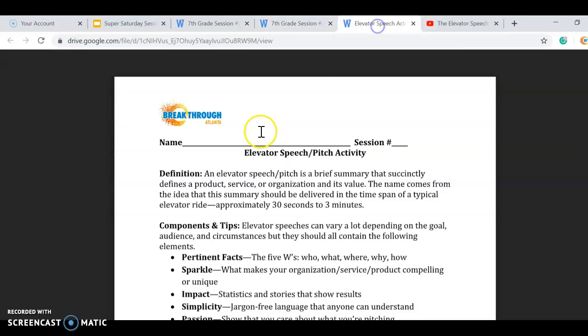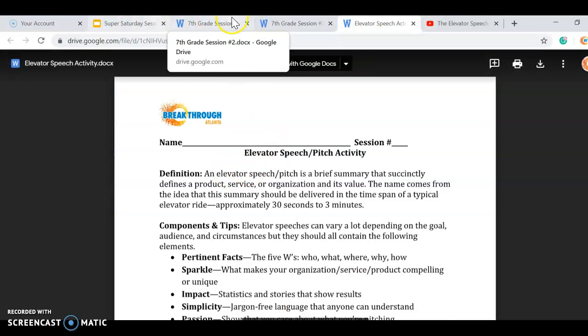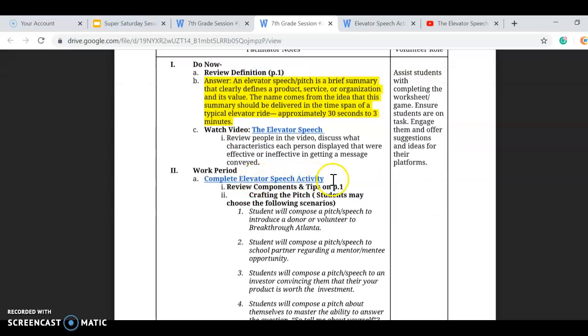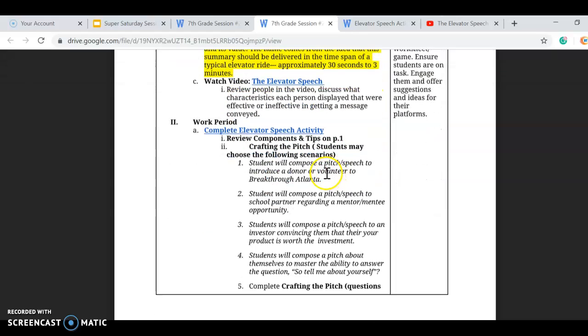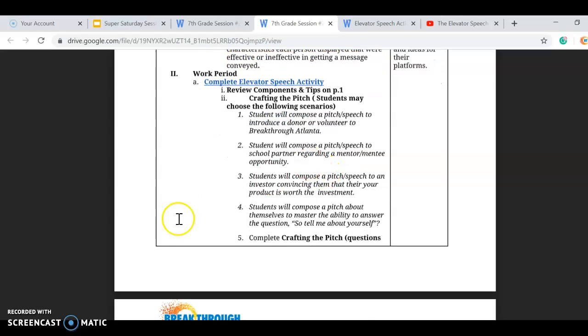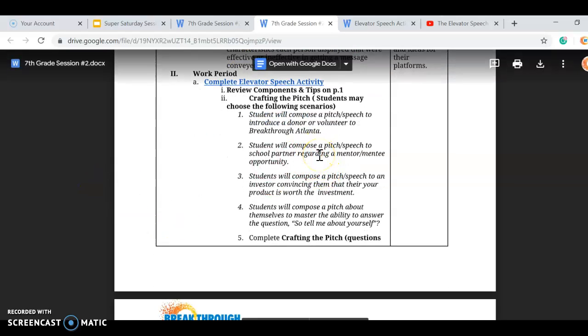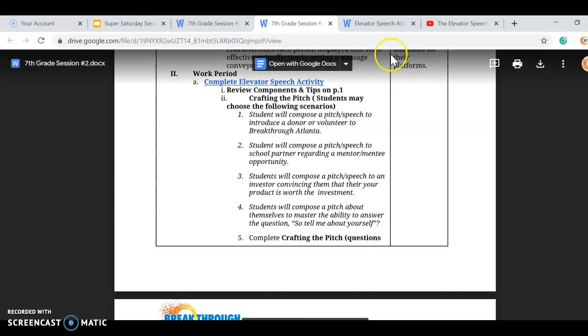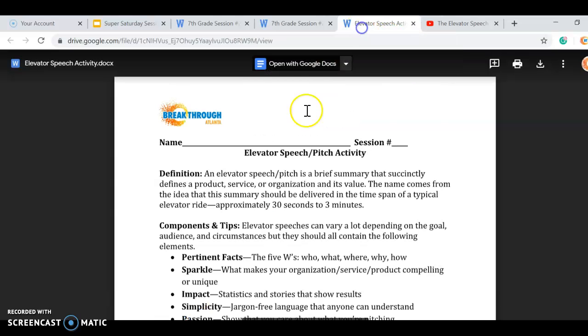So, after you complete the video, you will go into the elevator speech activity and you will complete review components and tips, which is on page 1, and then they will begin to craft the pitch. Now, students may choose the following scenarios when crafting their pitch, and I will review them after I review the components.